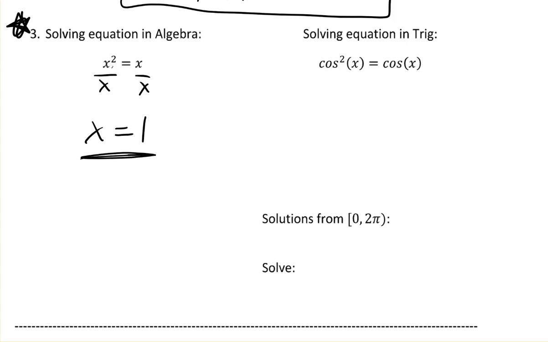But unfortunately, we lost an answer when we did that. There's another number squared that's equal to itself. Anybody think what that is? No. Because if you plug the negative in and you squared it, that would be positive, and this would still be negative.